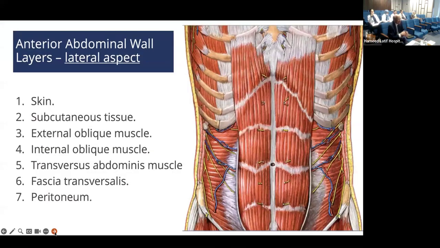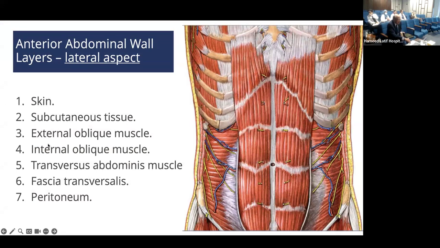Now, if you look at the muscles here, this is to demonstrate, and I would want you to concentrate on this part. This is the lateral aspect. That's why this diagram will be discussed in two parts: one is the lateral aspect and one is the medial aspect. In the lateral aspect, I'll show you some other diagrams too.